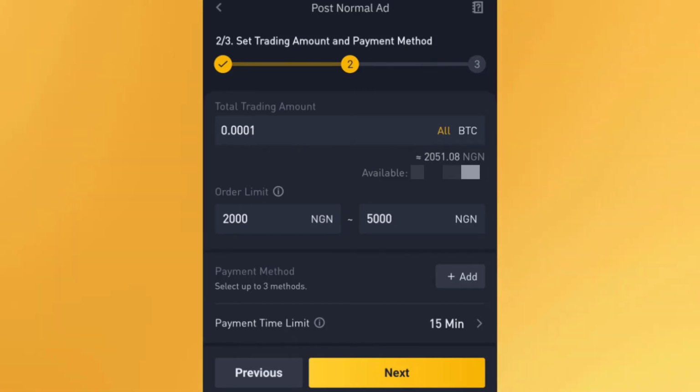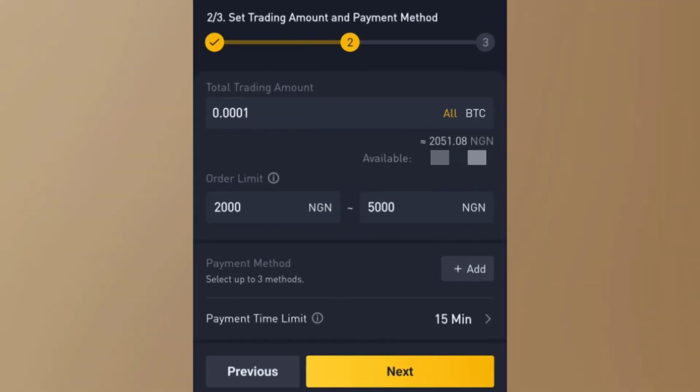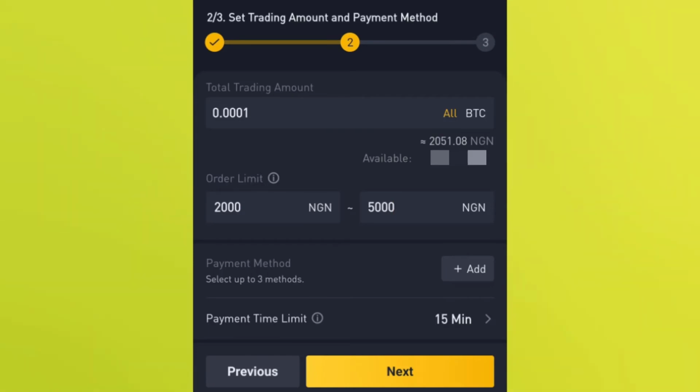But if the market now increases all the way to 5,000 naira, then it's going to cap it at 5,000 naira, which means I can only sell from 2,000 naira all the way to 5,000 naira. That now means that when the person buys 2,000 to 5,000 naira worth of crypto from me, and the market has now increased to 6,000 naira, I will still have 1,000 naira worth of Bitcoin left, because I chose to put the cap at 5,000 naira.